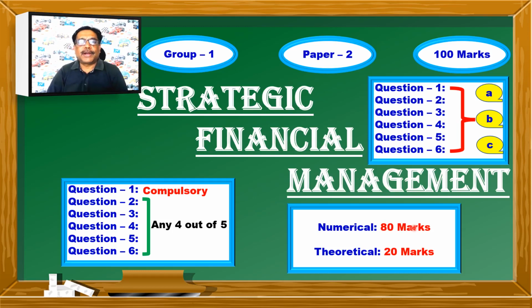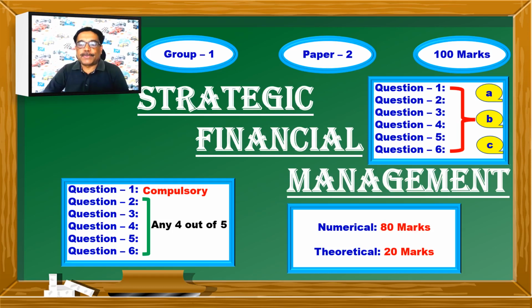Whatever your chapter in accounts, whatever journal entry, whatever presentation, whatever accounting treatment, everything is based on these 5 pillars: income, expense, asset, liability, and equity.